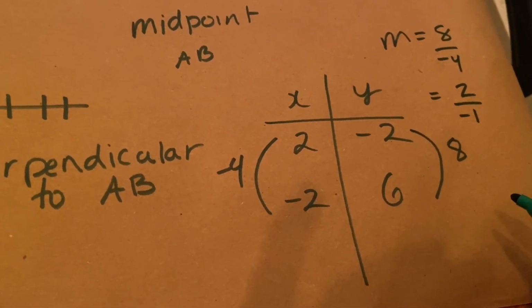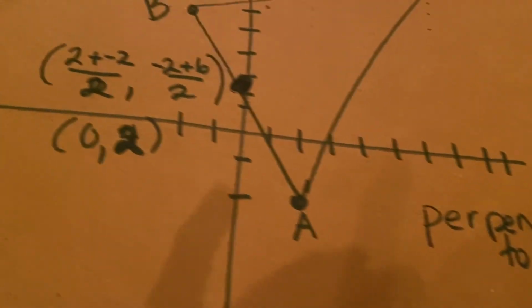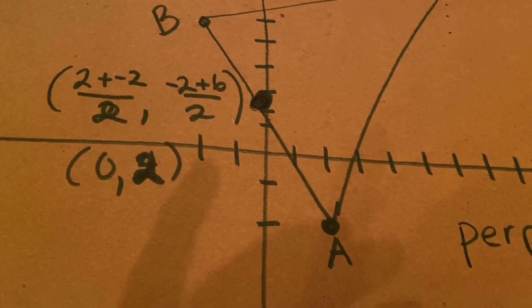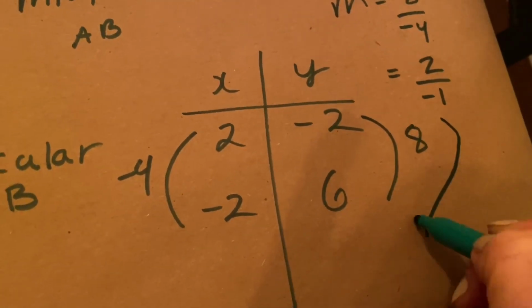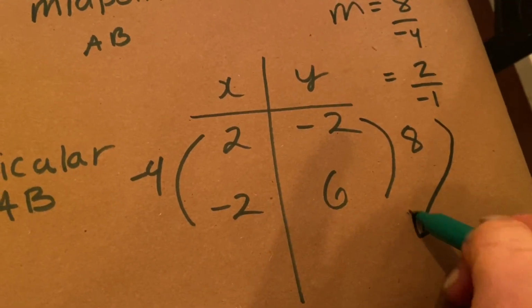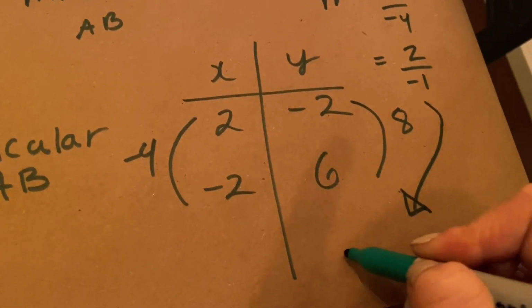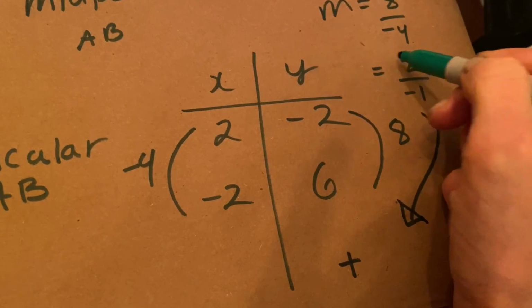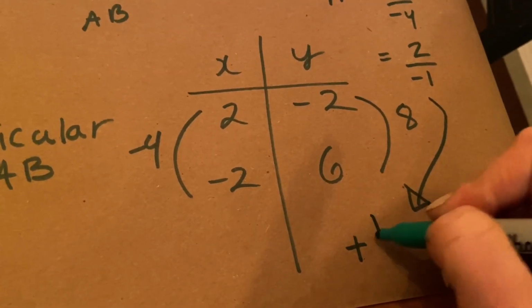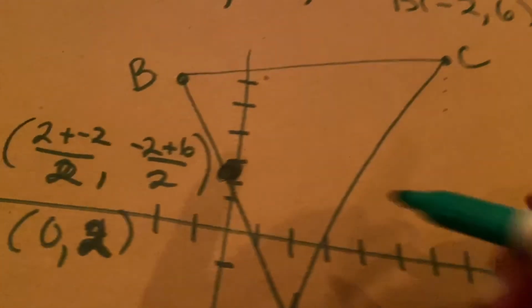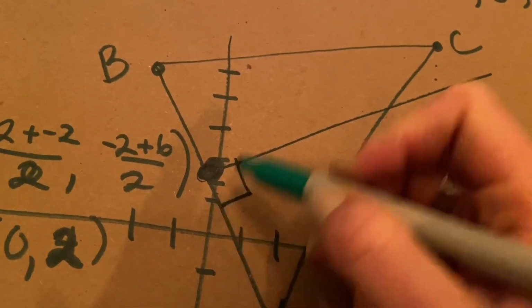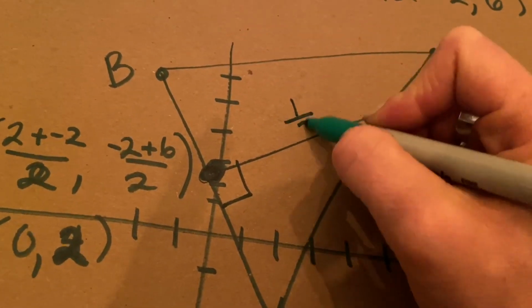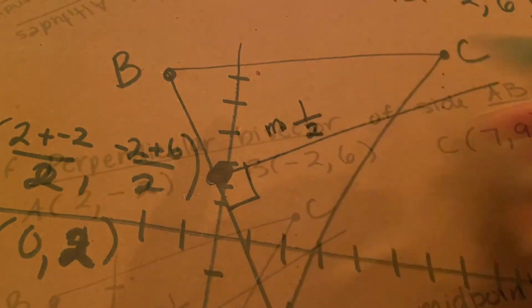So if I want to find something that's perpendicular to AB, the slope can't be the same. The slope needs to be the negative reciprocal. So instead of being negative, it's going to be positive. And instead of being 2 over 1, it's going to be 1 over 2. That means this perpendicular bisector has slope 1 over 2.